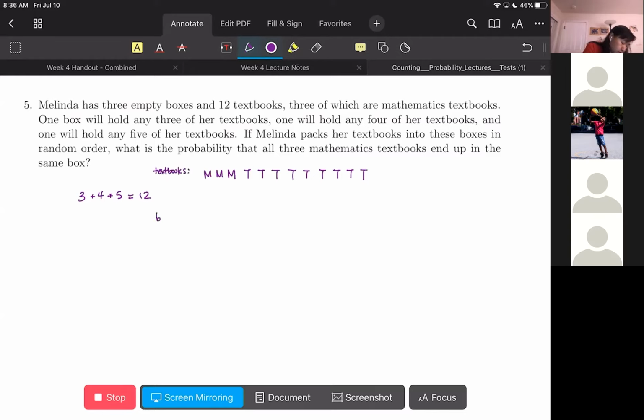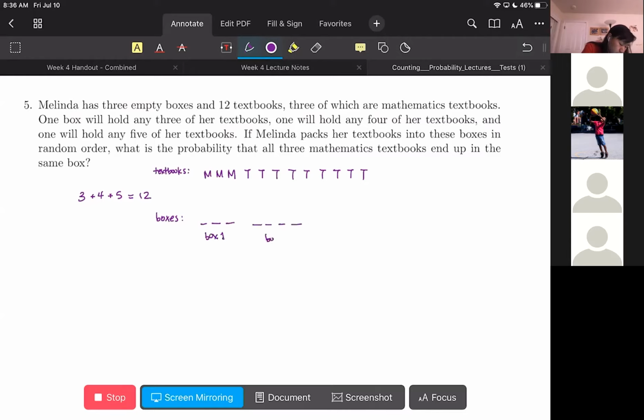And then we can also think about what it means to be putting things in her boxes. And so since 1 box will hold 3 textbooks, maybe we say, okay, we have box 1 that has capacity 3.